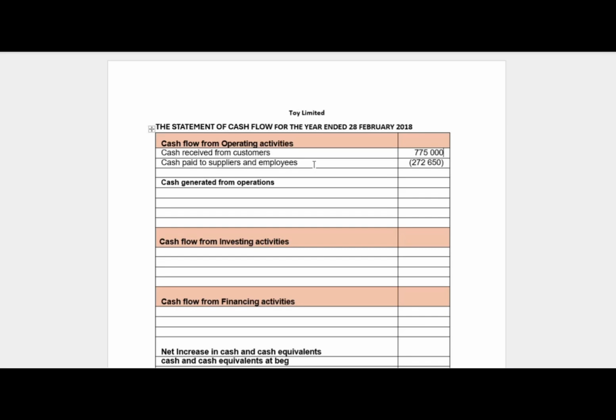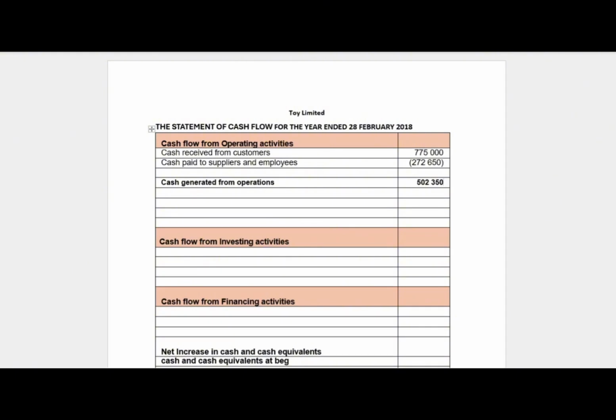How much are you getting? I am getting 502,350. That is according to my calculation. I hope you are all getting it right.